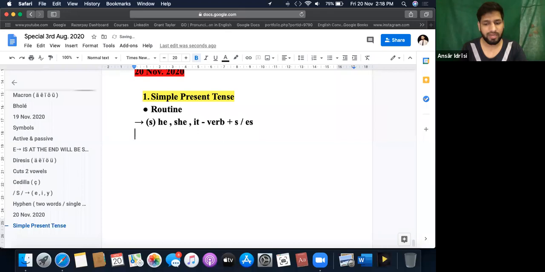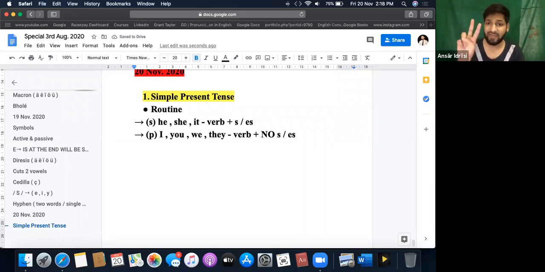This is the formula. Next, the plural pronouns like I, you, we, and they. We are going to put their verb plus no s and no es. Correct? So this is the formula of our simple present tense.